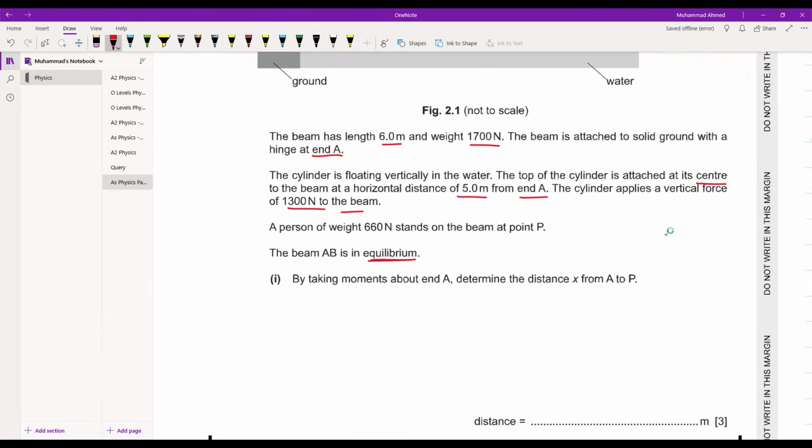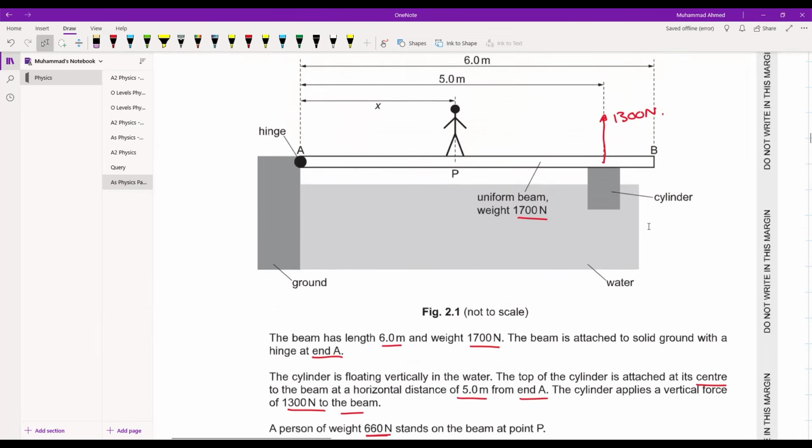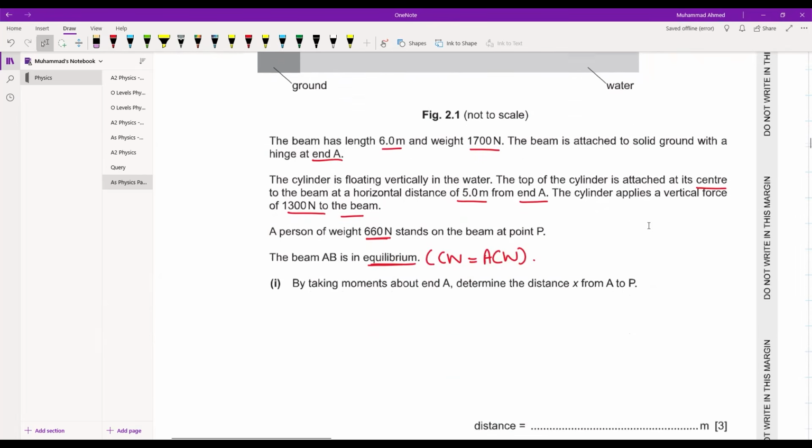What does this mean? That means the sum of clockwise moments is equal to the sum of anti-clockwise moments. Secondly, the weight of the person is 660 newtons, acting downward like this.